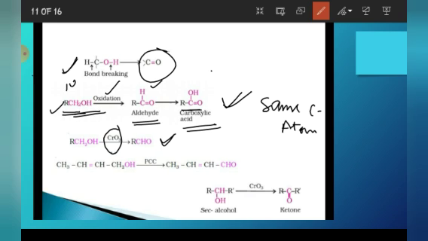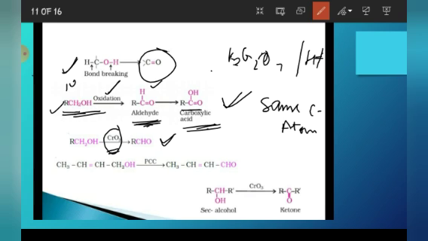And if we take any of the strong oxidizing agents, like K2Cr2O7, potassium dichromate in acidic medium, or potassium permanganate, the oxidation will not stop at the aldehydic part, it will go till carboxylic acid. But if we take CrO3, we can stop the oxidation at the aldehydic part. So CrO3 is used as an oxidizing agent for isolation of only aldehydes.